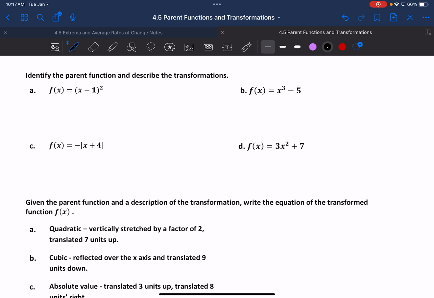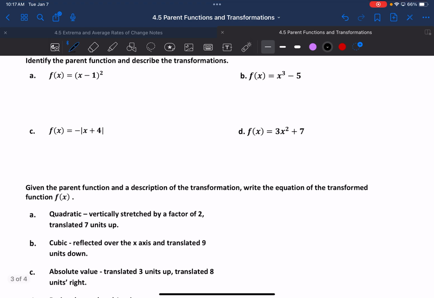So for part A, looking at all of those rules from our front page, as well as absolute value, which was on the second page, which one of our equations would (x minus 1) quantity squared be? The quadratic function. Good.